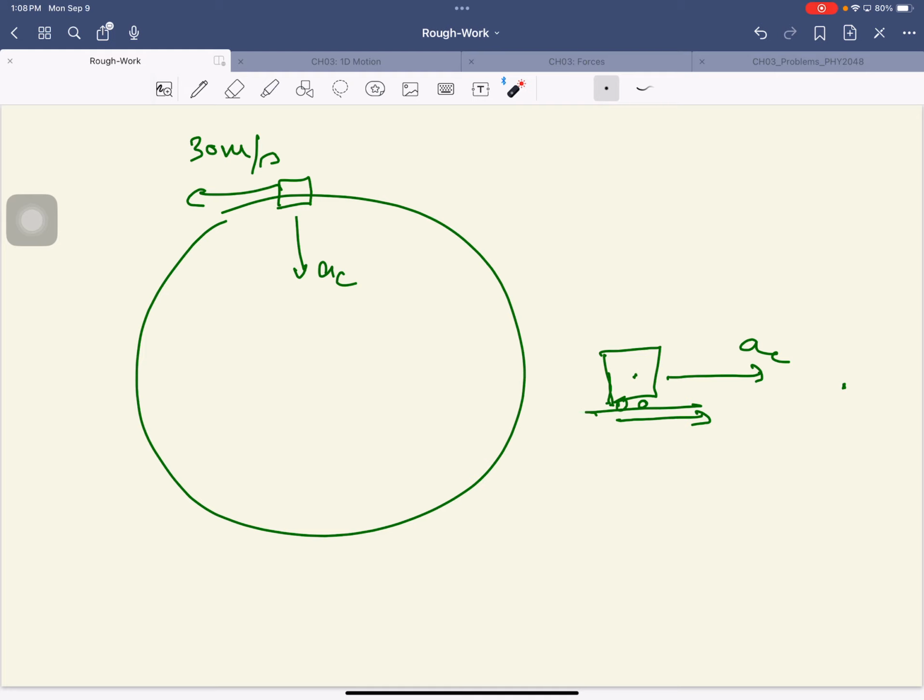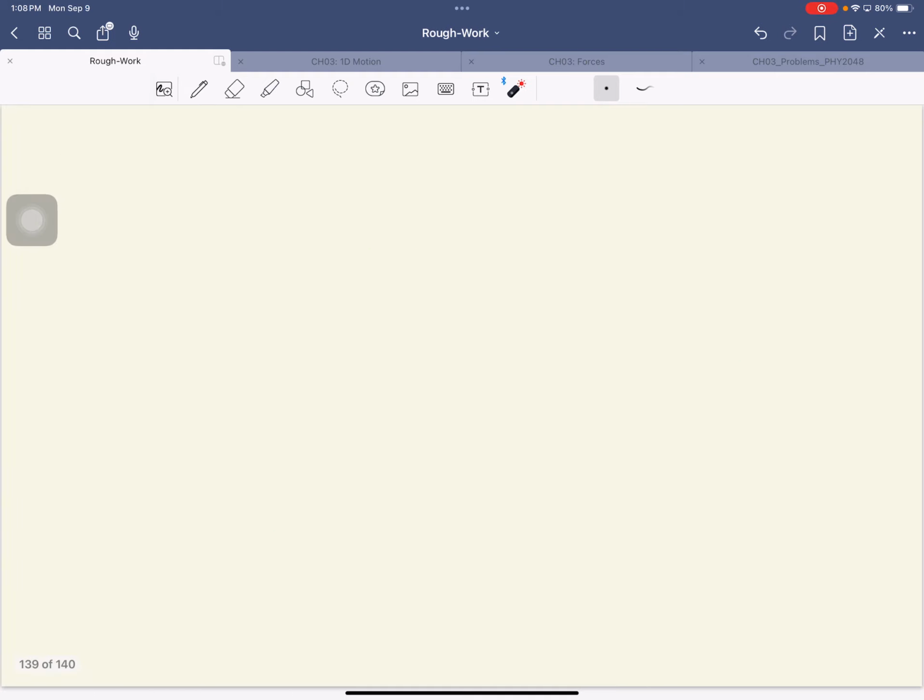Okay, so you guys have seen the fundamental theorem of calculus. Integration and derivatives are inverses of each other.